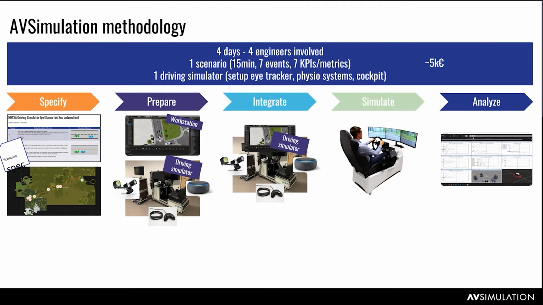We prepared everything on the workstation because Scanner can be run on a workstation for the authoring part. Mostly when you want to do scripting and terrain and road network authoring, you do it on a workstation. But then you can also run it on a driving simulator and connect the two computers, the supervisor and the driving simulator. So we prepared all of this on our simulator in our showroom on location in Paris.